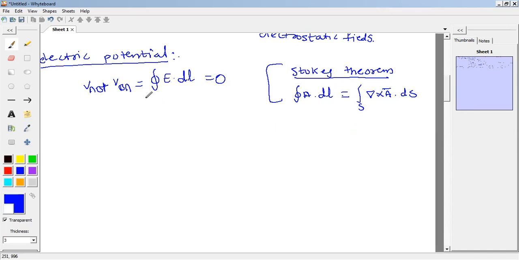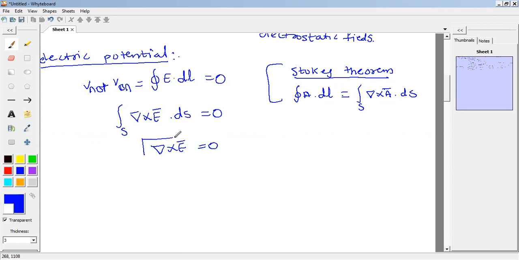According to the Stokes theorem, this equation we can write as the surface integral of del cross E bar dot ds that is equal to 0. From this equation, we can write del cross E bar is equal to 0.